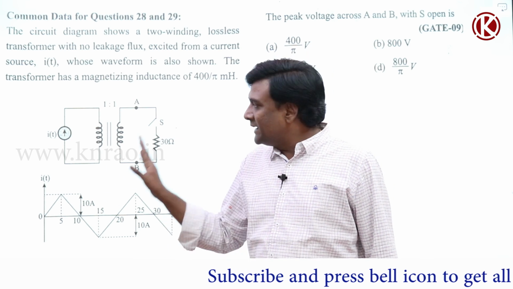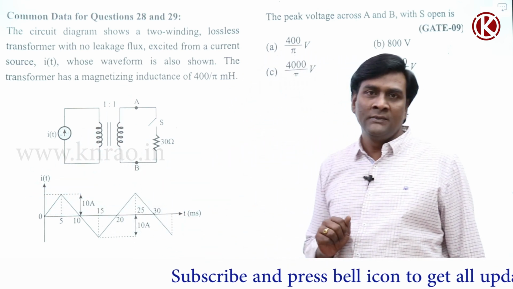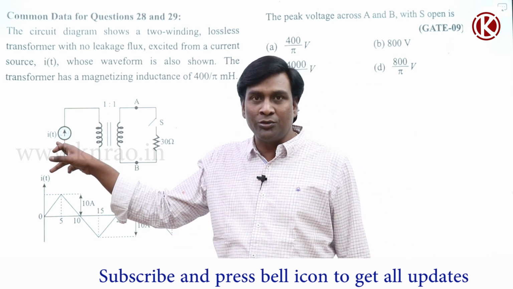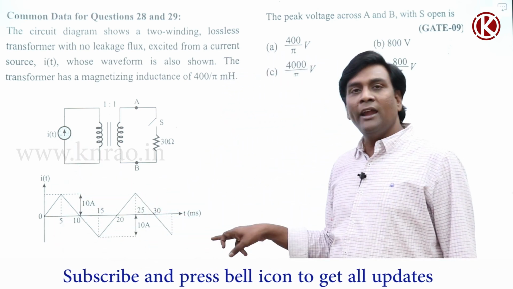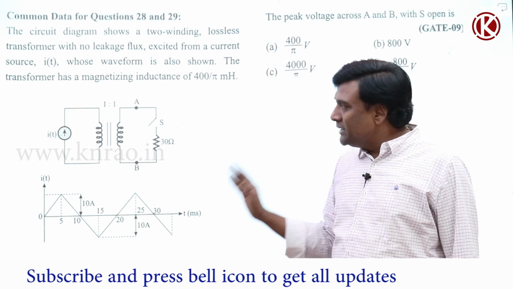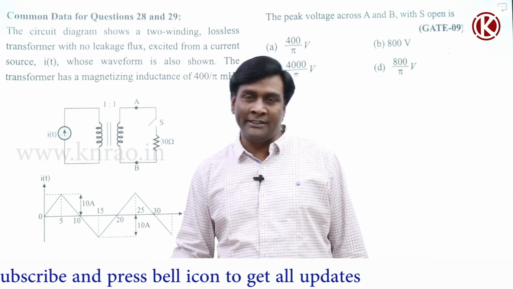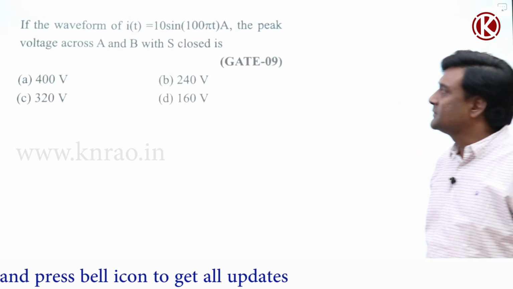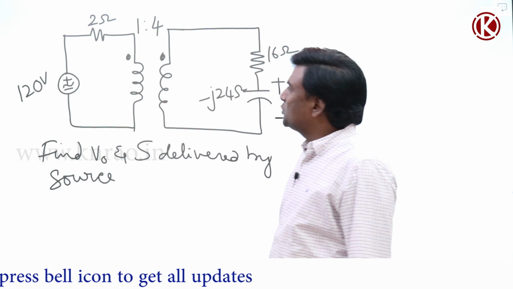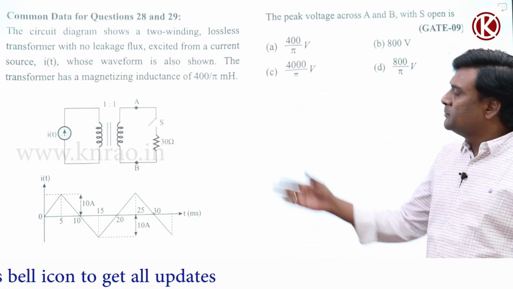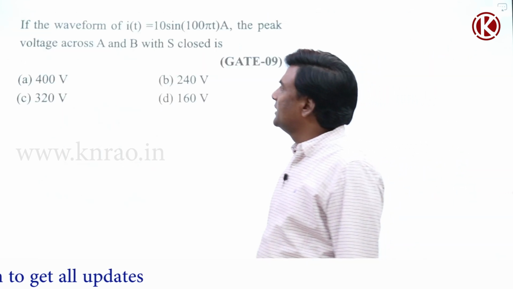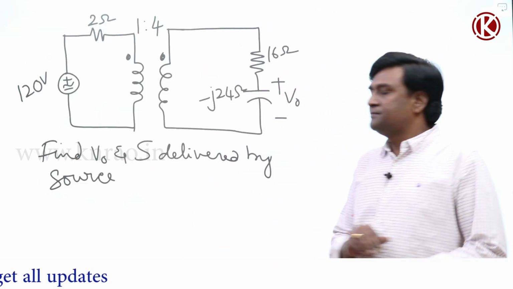No. Ideally ours is a voltage source only, and that too a sinusoidal voltage source only, but here they have given a current source, and that too a triangular waveform, which means it is meant for network theory. Mathematically we should be able to find the answer, that's it. Now in this question, one of the popular publications has given a wrong answer, we will see that. Next thing is, for example, take here.